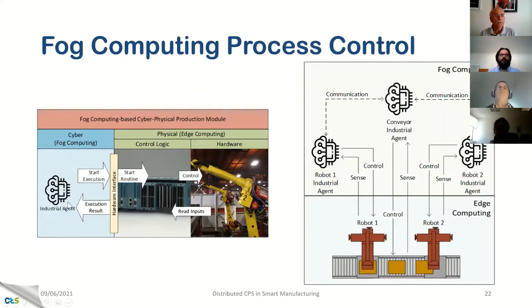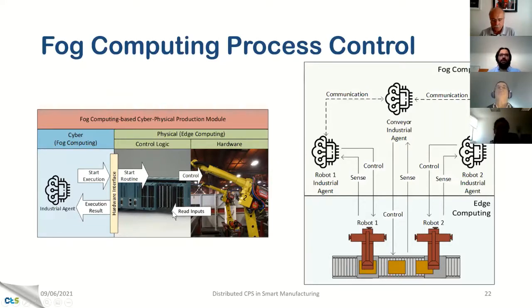This cyber representation will start the execution using, for example, an OPC-UA value, a service, or a socket. This will start the execution inside the PLC, and the PLC will control the hardware.